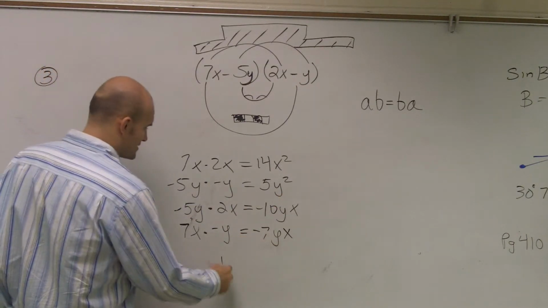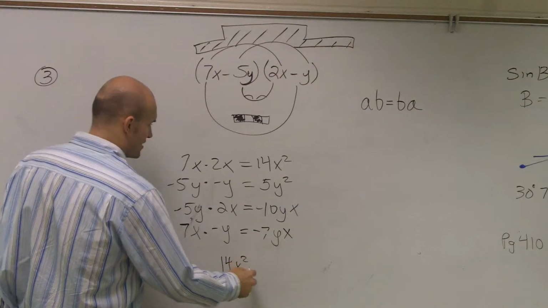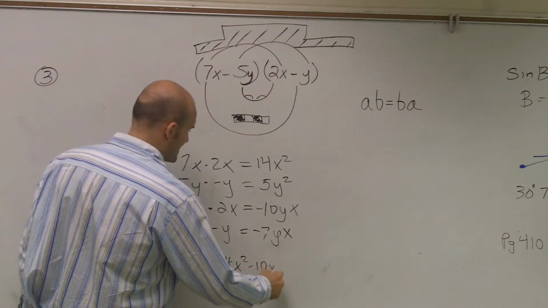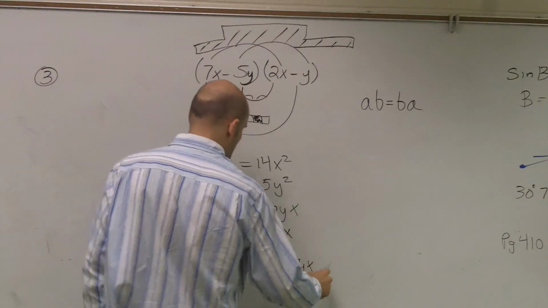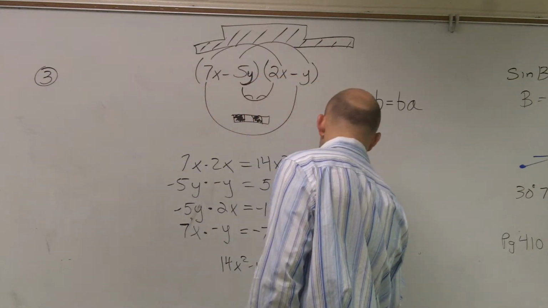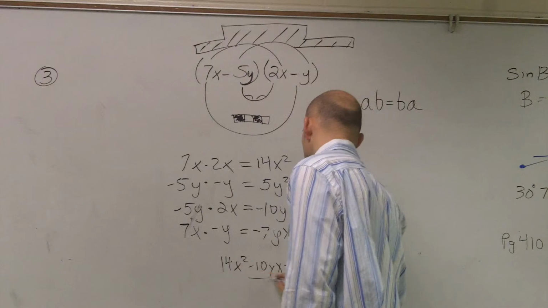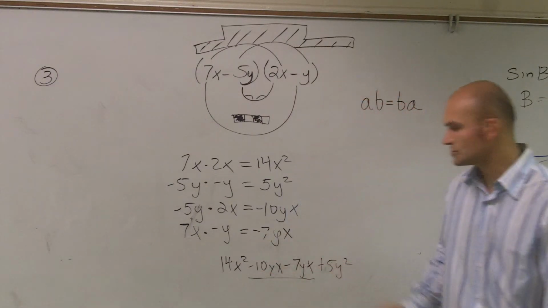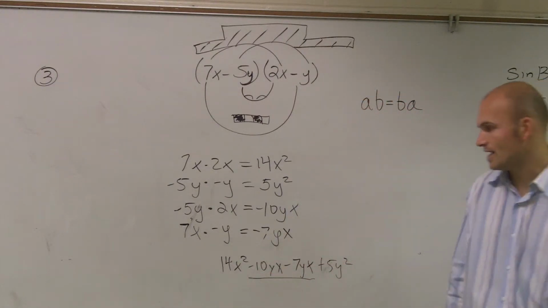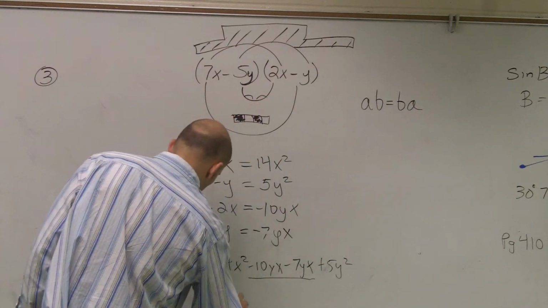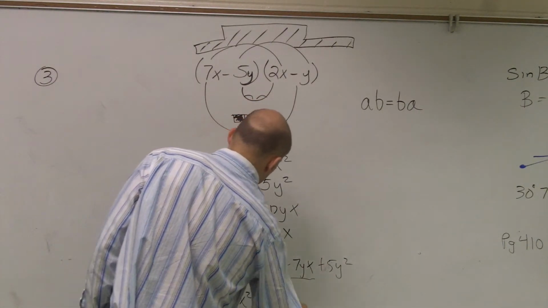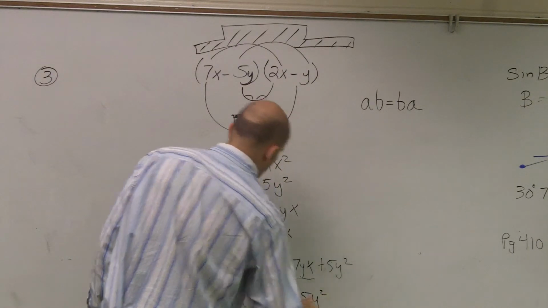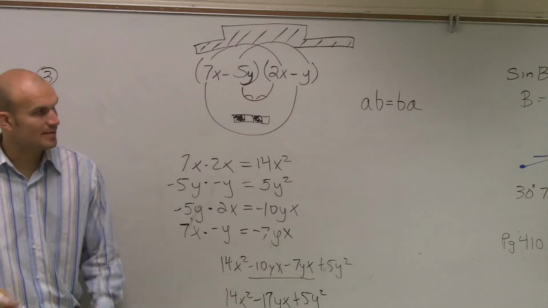So when I write out my answer, 14x squared minus 10yx minus 7yx plus 5y squared, I can combine those terms to a negative 17yx. And there's going to be my final answer.